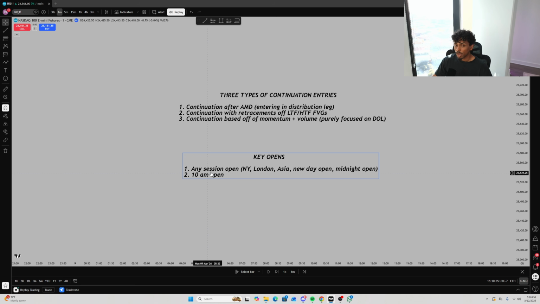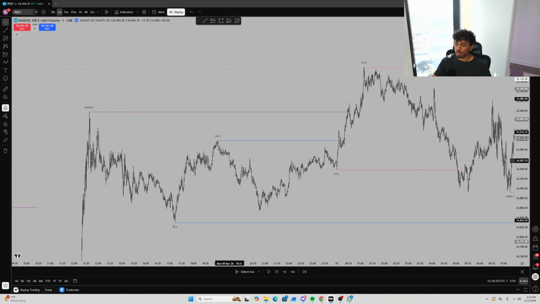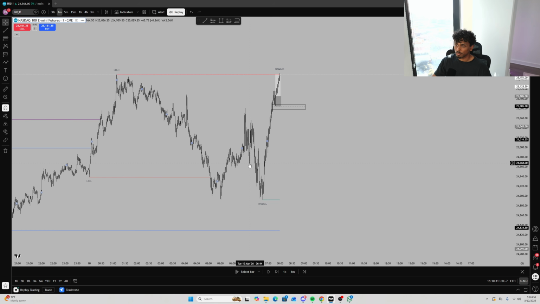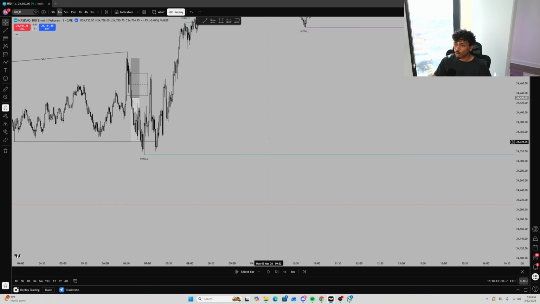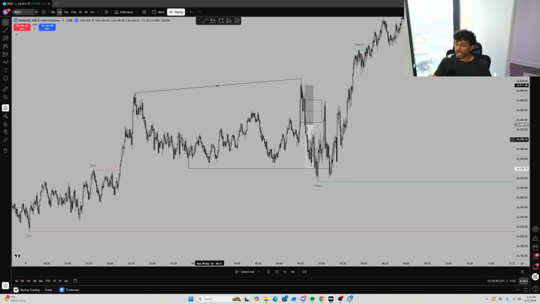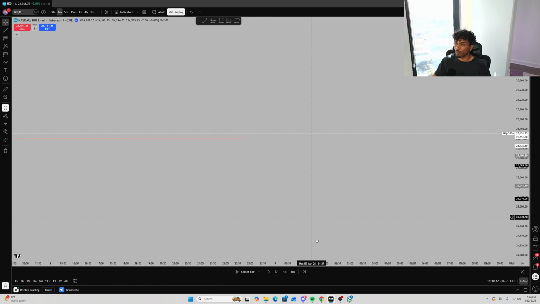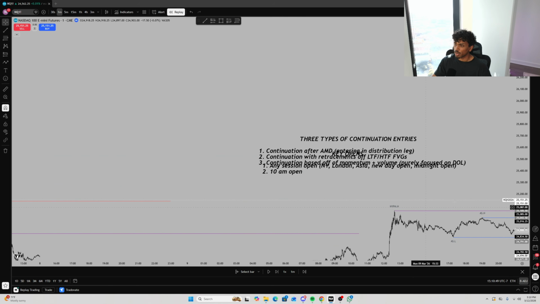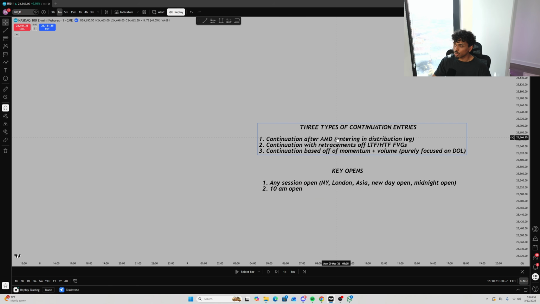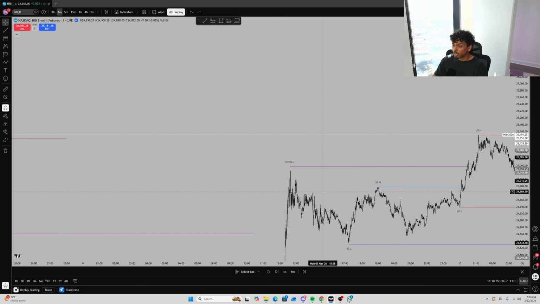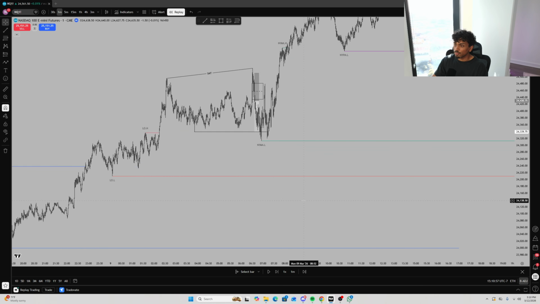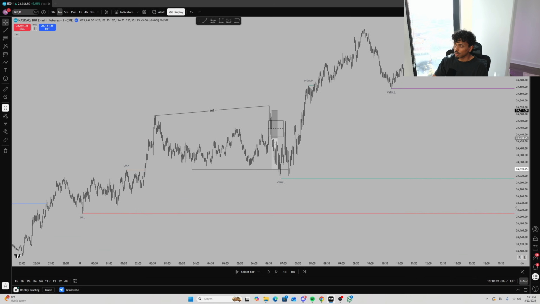Now that we've established this, we can go and get right into the first example. On Monday we went over example 1. If I can go back to it right here: continuation after AMD, and we're entering right in the distribution leg. Specifically over here, we got a very early entry right here.